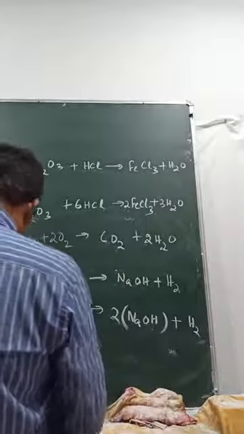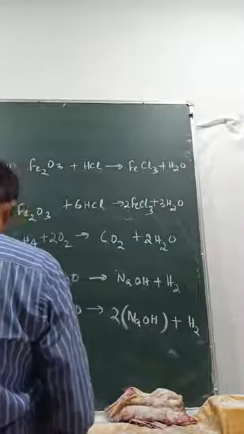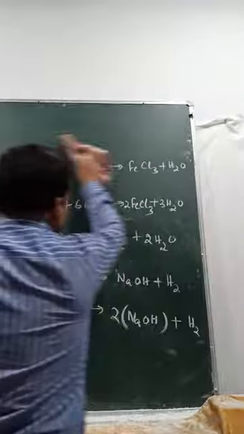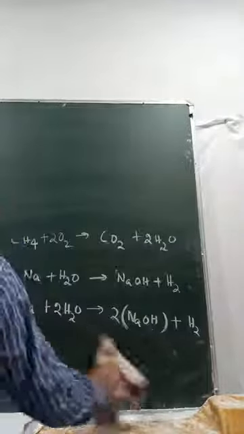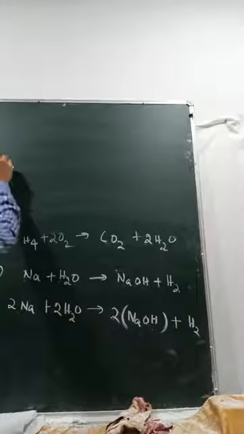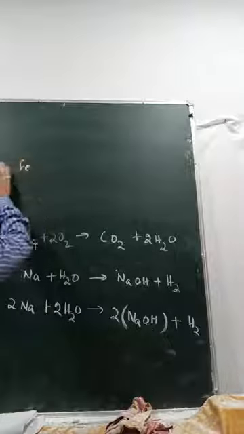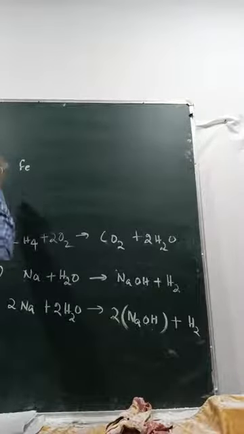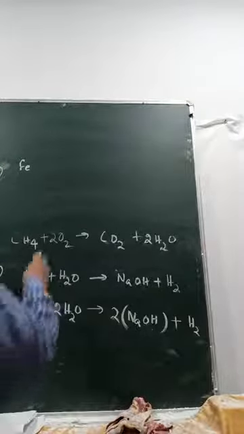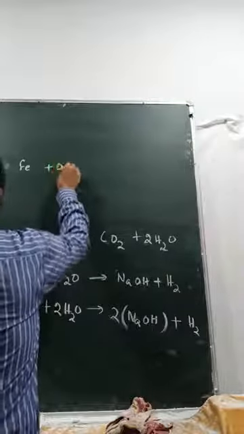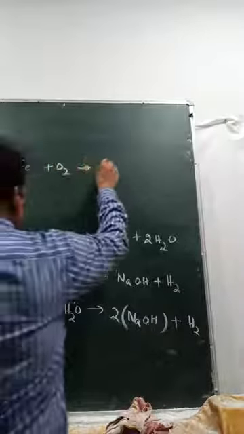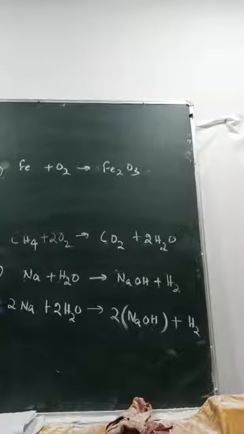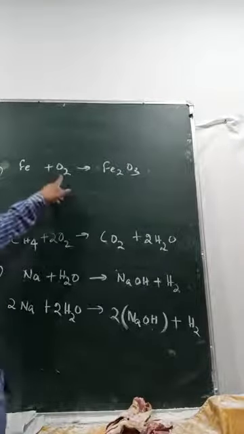Okay, just one more question. This is the fourth one actually. Fe plus O2 gives you Fe2O3. So this makes a problem here.